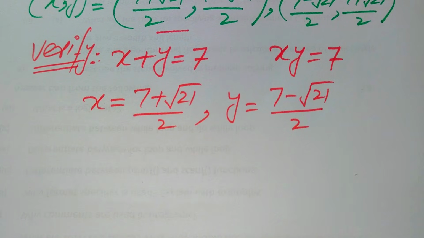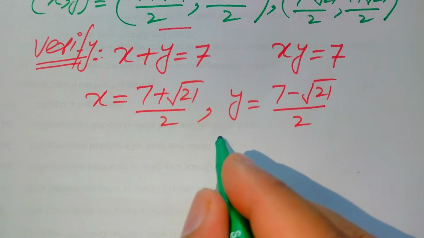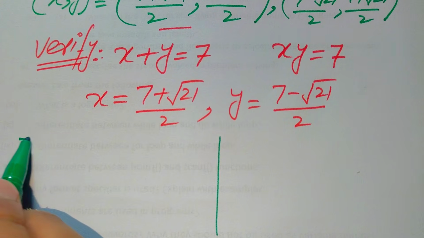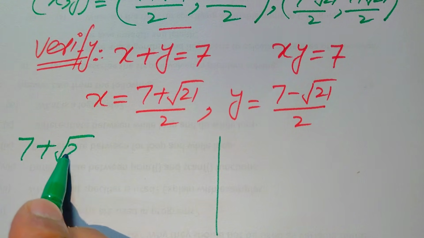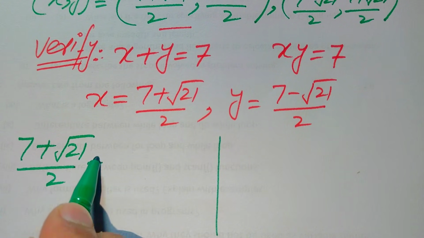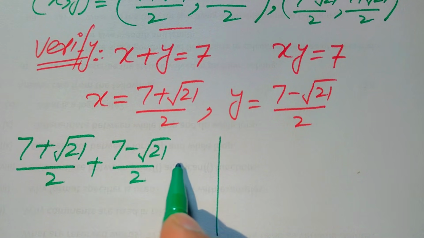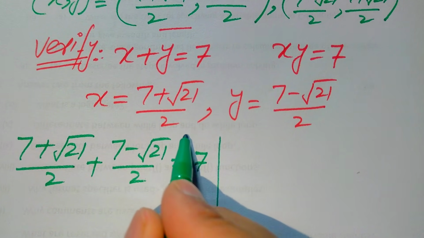So we substitute both of these values of x and y into both equations, and this is written as 7 plus square root of 21 divided by 2 plus 7 minus square root of 21 divided by 2 equals 7 or not.